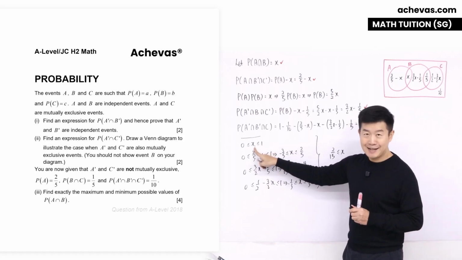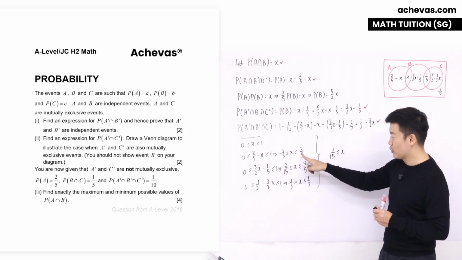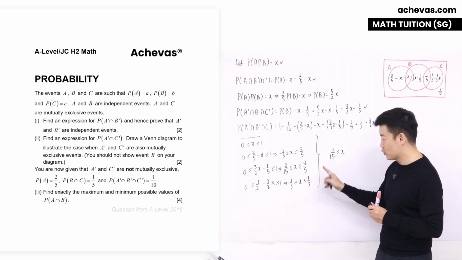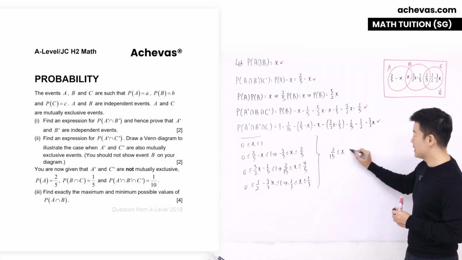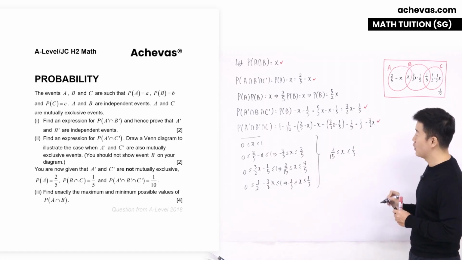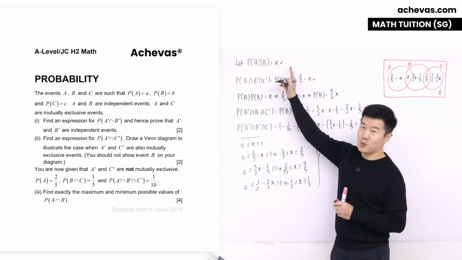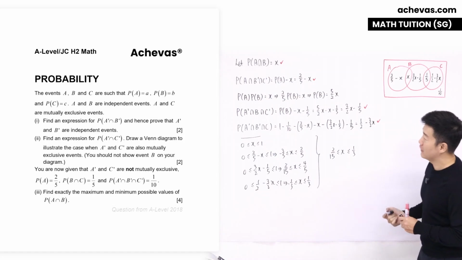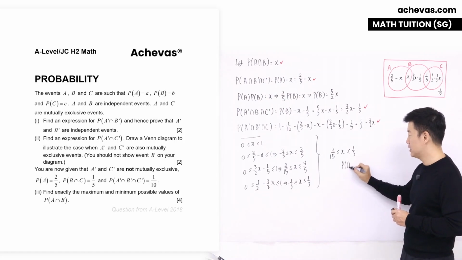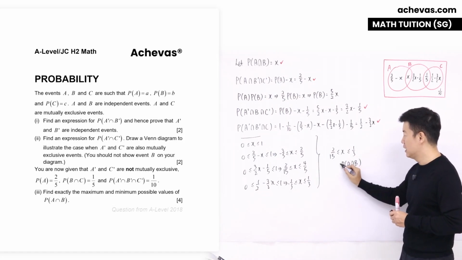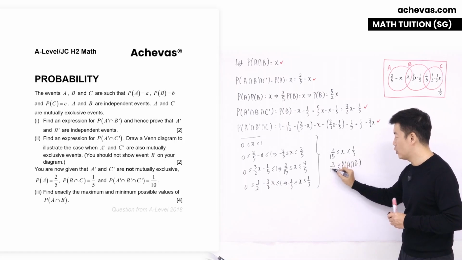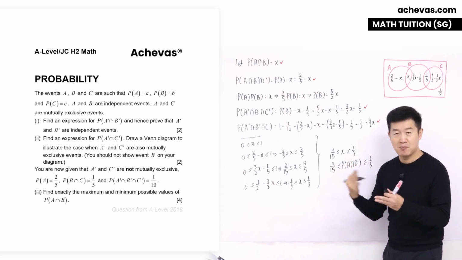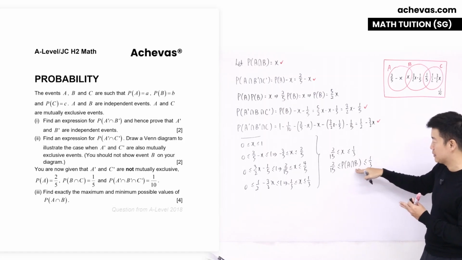And x must be less than or equal to 1, less than or equal to 2 over 5, less than or equal to 4 over 5, and less than or equal to 1 over 3 at the same time, which means that x is going to be less than or equal to 1 over 3. And let's trace back what exactly x is. x is what we are supposed to be finding, the probability of A intersect B. So the probability of A intersect B is going to be between 2 over 15 and 1 over 3, and this will give us the minimum and maximum value for this probability.